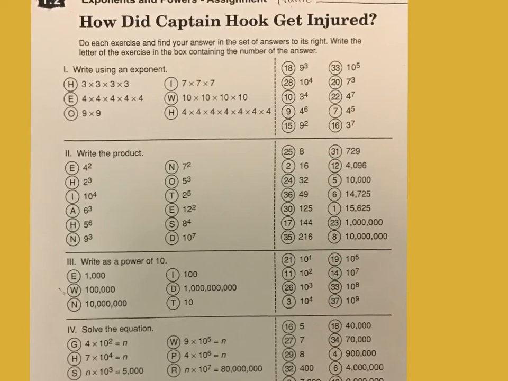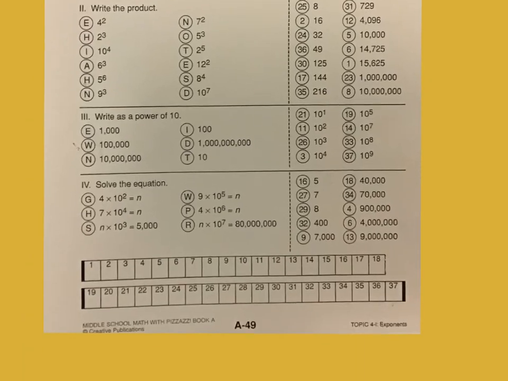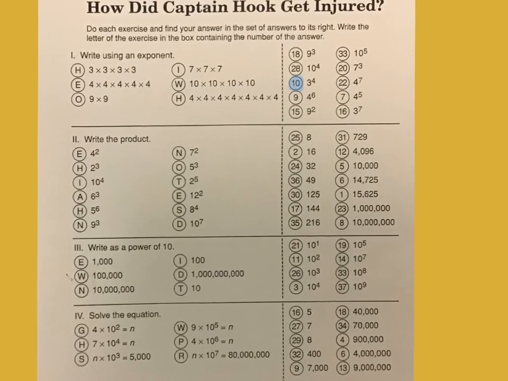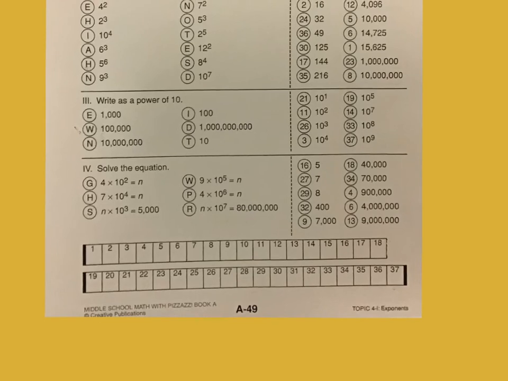So I know that this is the right answer right here, right? And I'm going to use the highlighter instead so we can still see through it. So that says 10. Well, I'm going to come down to the bottom and I'm going to find 10, right? So I'm looking right here for 10. There it is.